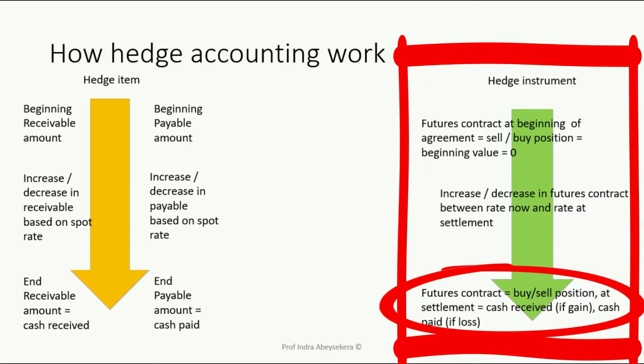When you buy shares at the settlement and you agreed at a certain value to sell it through the contract, there could be a gain or a loss.